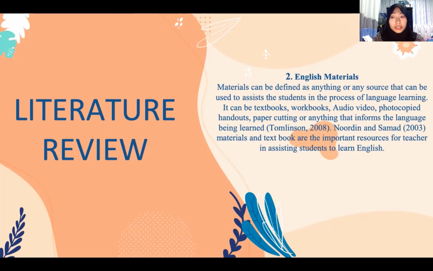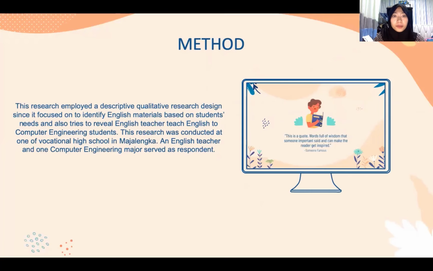Tomlinson, 2008. Nordin and Samad, 2003, said that materials and textbooks are important resources for teachers in setting students to learn English. And the next, there are methods from this journal.